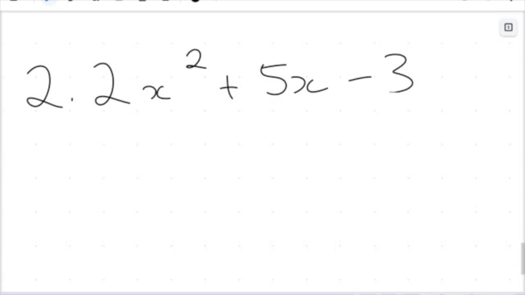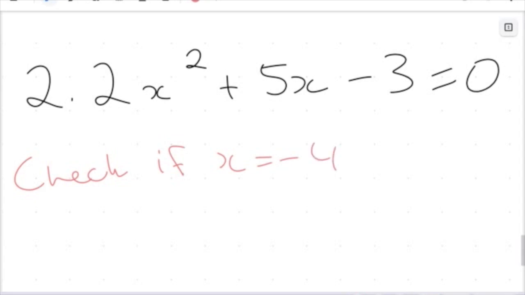And that is this equation here. I have 2x squared plus 5x minus 3 equals 0. And I want to check if x equals minus 4 is a solution.